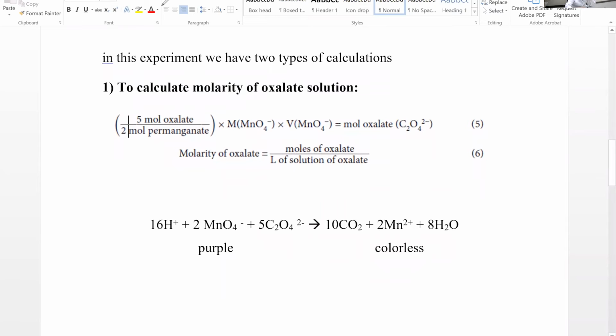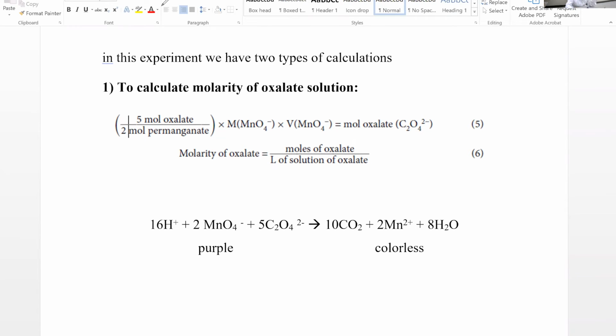So for the type of calculation that you get in this experiment, there are two types. One is to calculate the molarity of the oxalate solution. To calculate the molarity of the oxalate solution, if you have the molarity of permanganate and the volume of permanganate, then you can do it. This is titration.